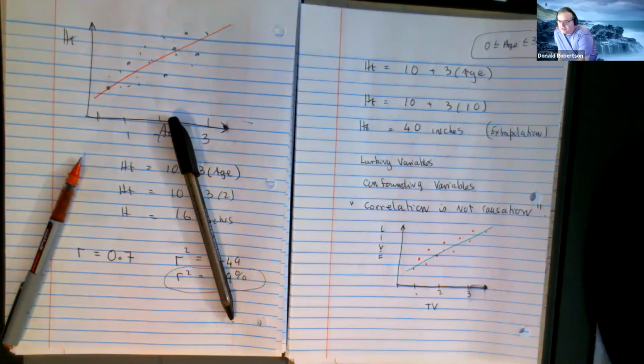Wealthier countries, enough food, maybe too much food, but definitely good resources, right? Lots of medical care, medication, doctors, all the good stuff that keeps you alive. And so correlation is not causation.